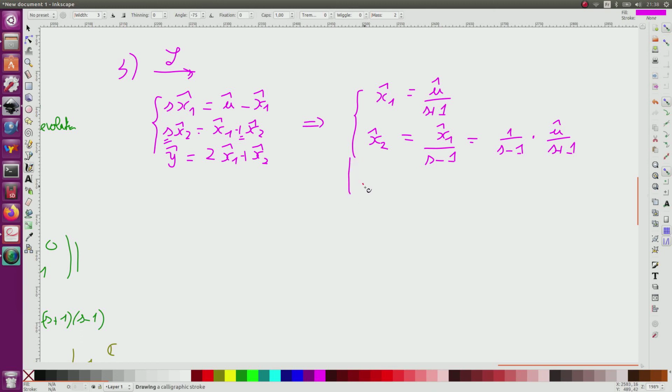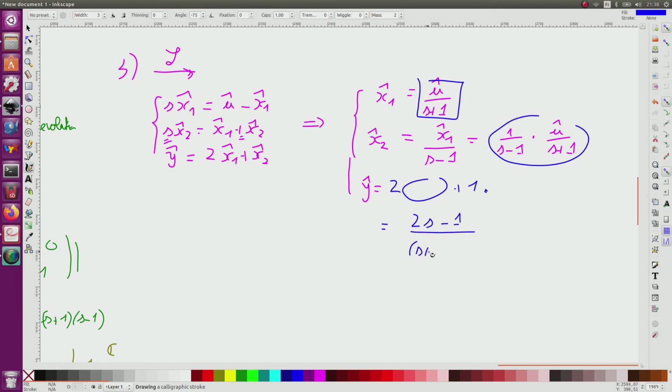So what about the last one? y hat is equal to 2 times this plus 1 times this. And this is equal to 2s minus 1 divided by s plus 1 times s minus 1, times u hat.